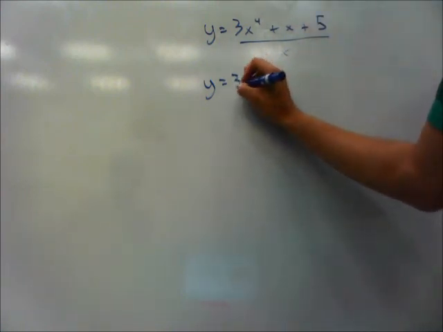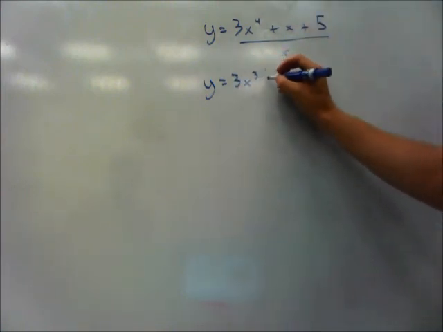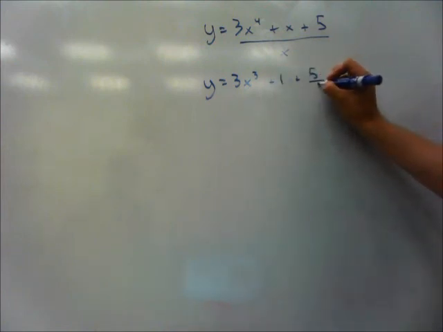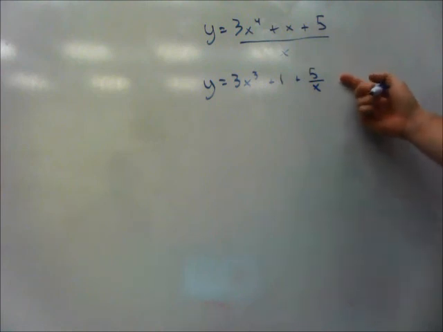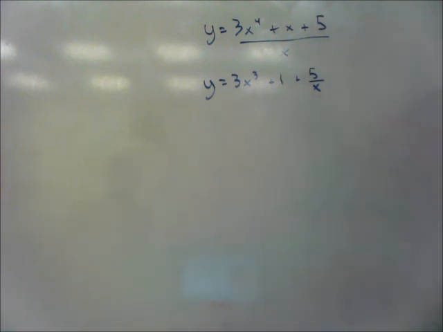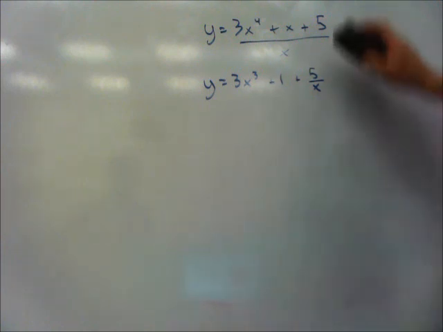So then you would have 3x to the 3rd plus 1 plus 5 over x. And then from there, you just do the power rule, and that's way simpler on your brain. So those are 2 examples of when not to use the quotient rule.